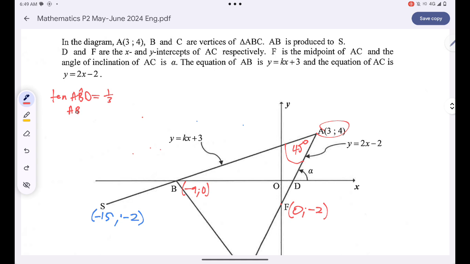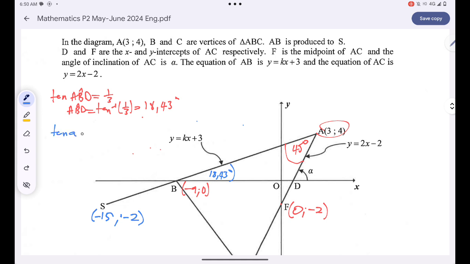Therefore, angle ABD will be equal to the inverse of tan 1 over 3. This will just give me 18.43 degrees. Okay, so I now know that the angle over there is simply 18.43 degrees. Are you together? And then now let me go and find angle A.